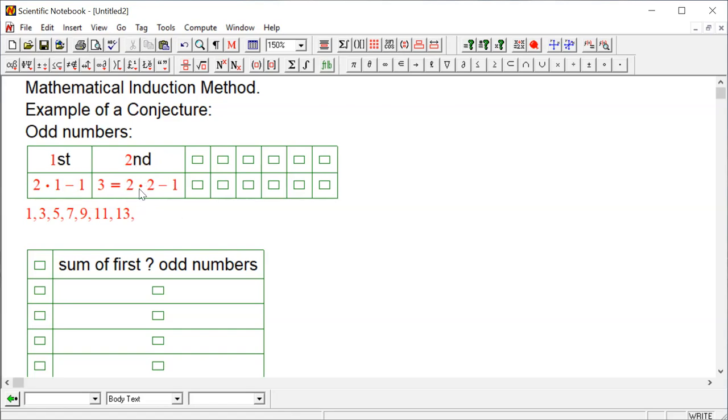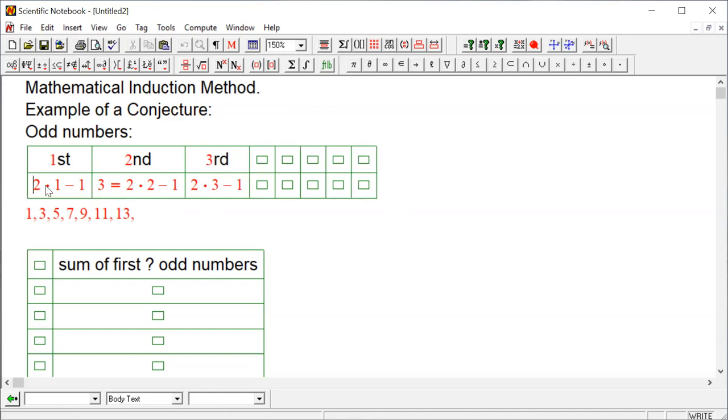The second one is the second times 2 minus 1. The third one is 2 times 3 minus 1, which is 5.